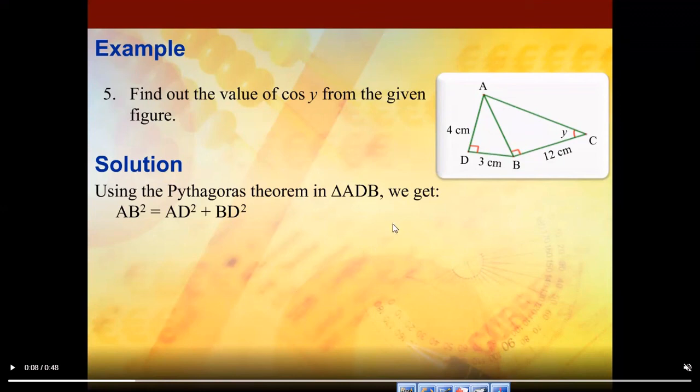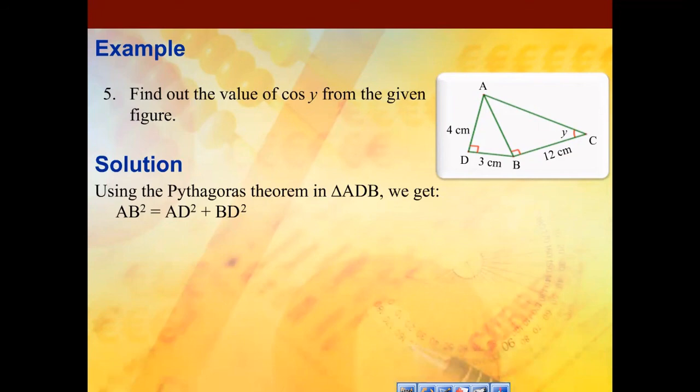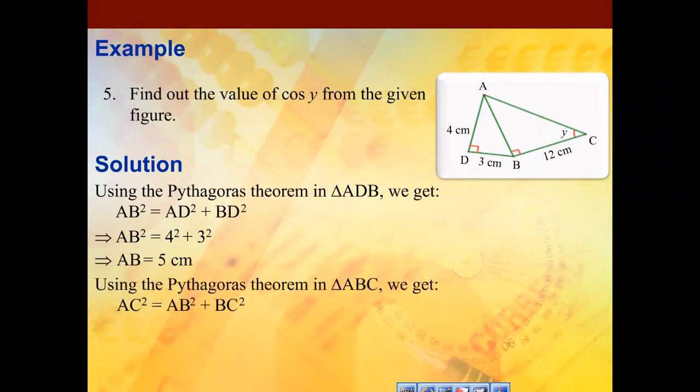You substitute the value of AD and DB. Further substituting, we get 4 square plus 3 square. That is nothing but 16 plus 9, which gives you 25. So we get AB is equal to under root of 25. That is, AB is equal to 5 centimeter.